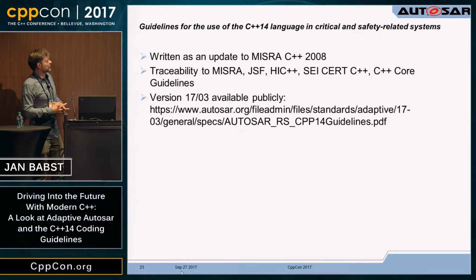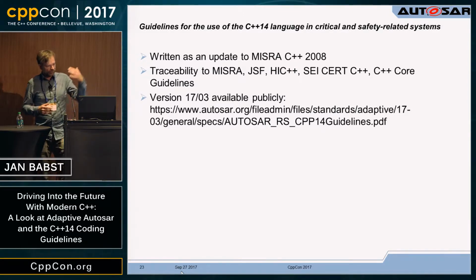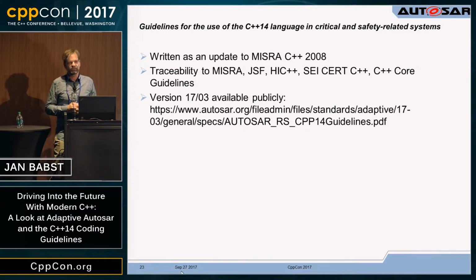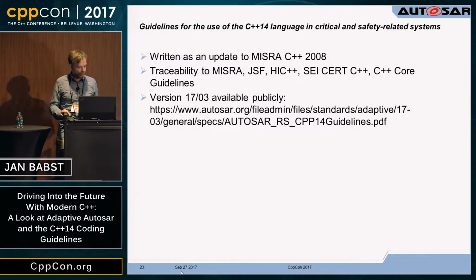So our approach was to go through the MISRA guidelines, because they are the quasi-standard in the industry, and check if they still make sense for modern C++, deleting rules or adding rules for new features. Then we went through all the other guidelines that I mentioned and checked if we can take over rules from them or have to modify things.